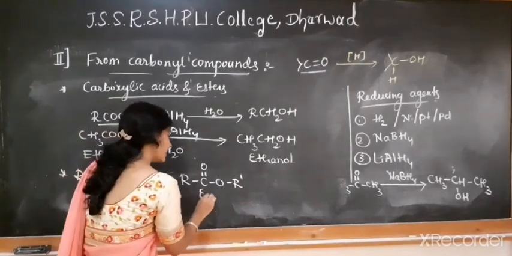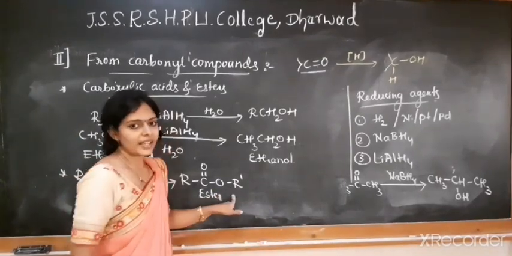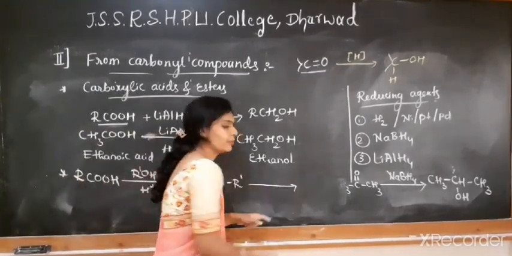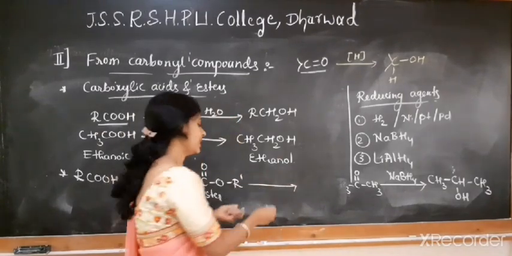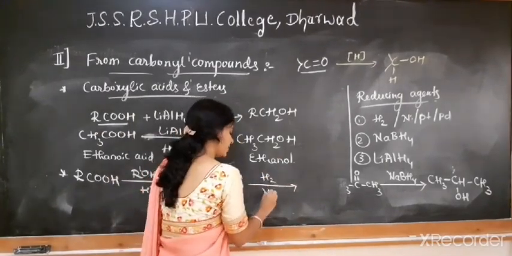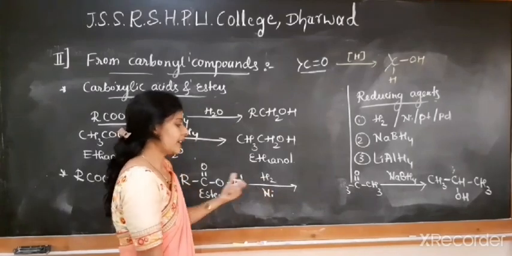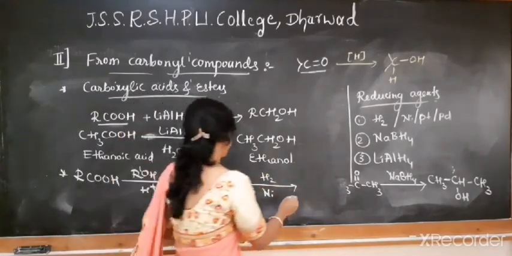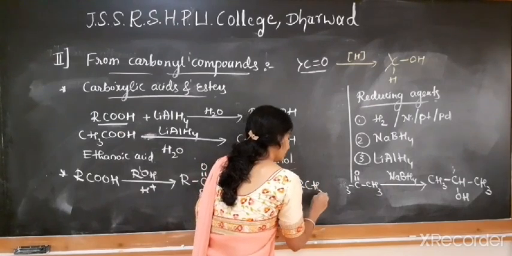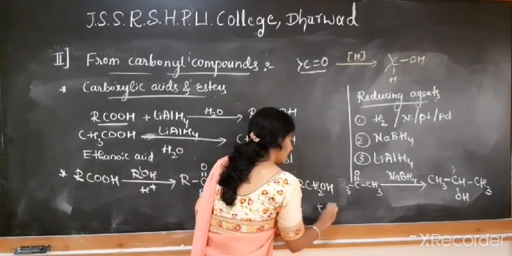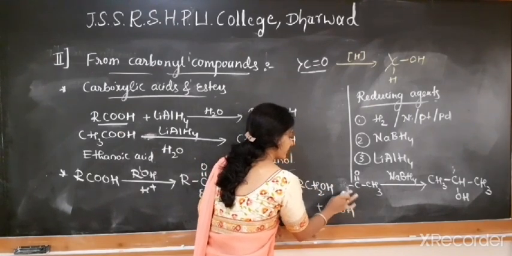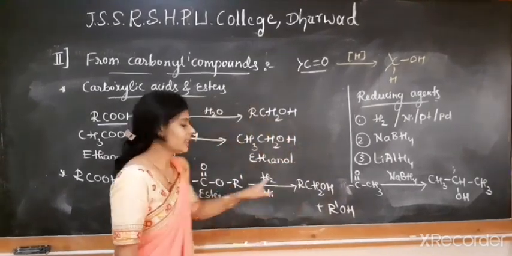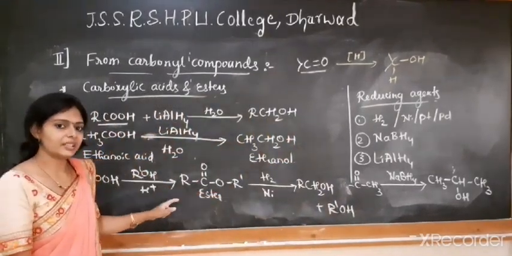RCOOR', so ester is formed. This ester is subjected to reduction, which is done by catalytic hydrogenation. If you do simple catalytic hydrogenation, the ester is converted into the alcohol. The reduction takes place and you get your alcohol back. Like this, the reduction can be done.